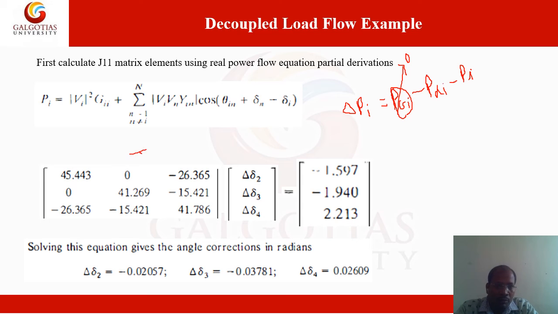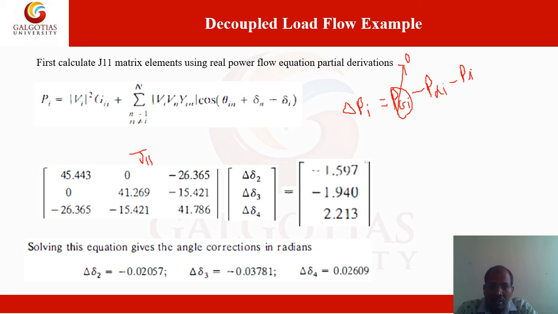Now come to the calculation of J11. This is the J11 matrix. We can calculate J11 using the partial derivative of the active power with respect to the angles, that is del 2, del 3 and del 4. When we put i equal to 2 in this equation, it becomes P2.